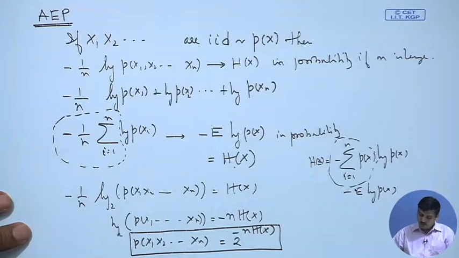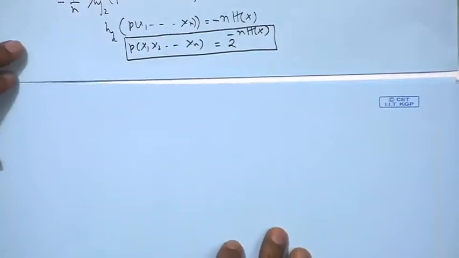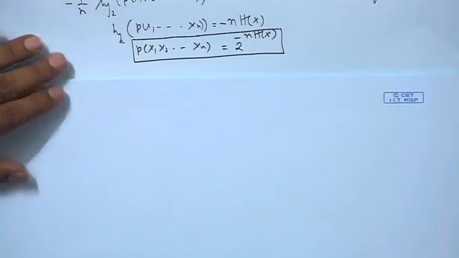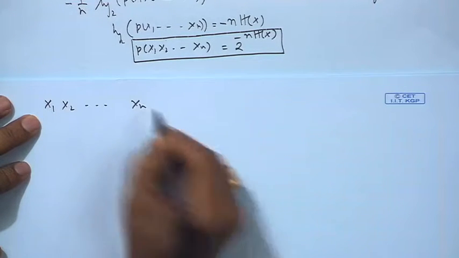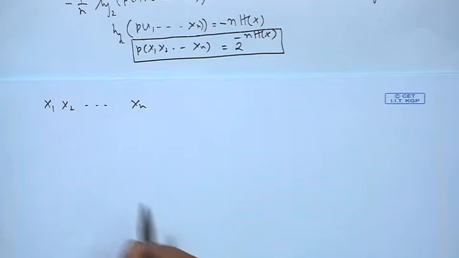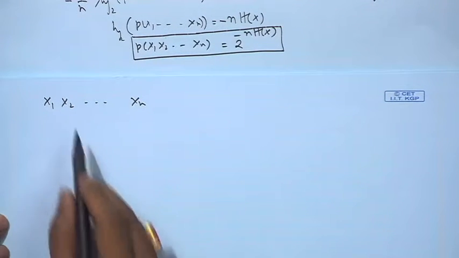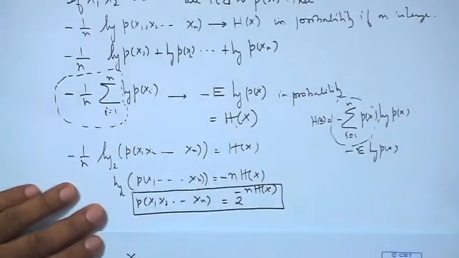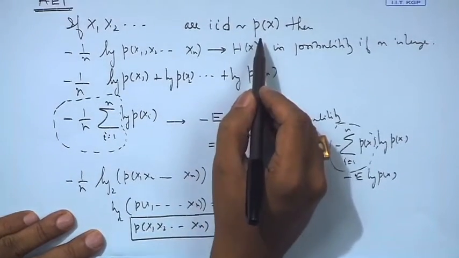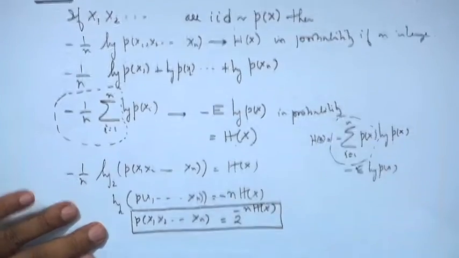If we look at this expression in detail, we get some intuitive understanding of its meaning. x1, x2 up to xn is a sequence of observations that we get. It's a sequence of random variables, and we have said earlier that it's IID with individual distribution p of x.